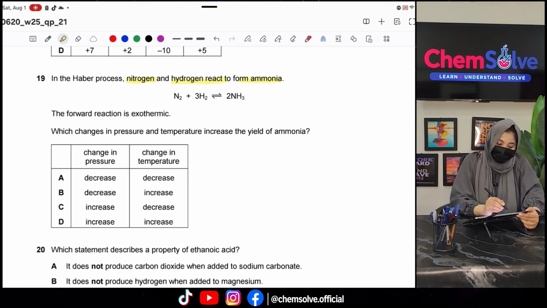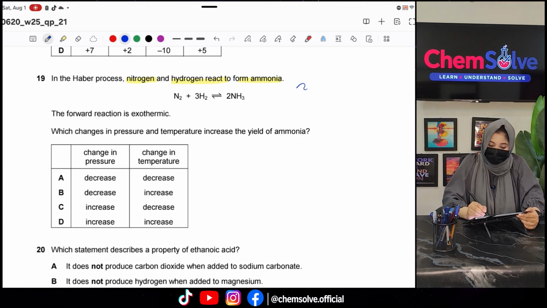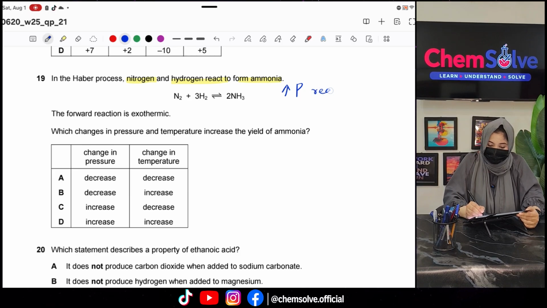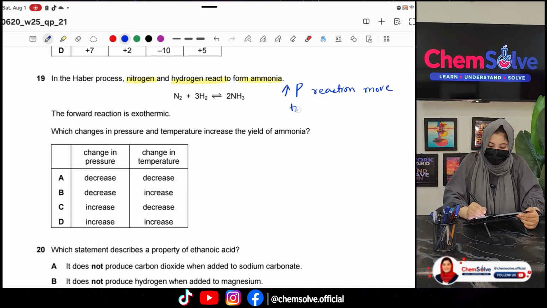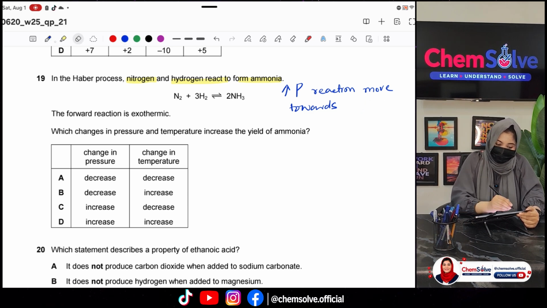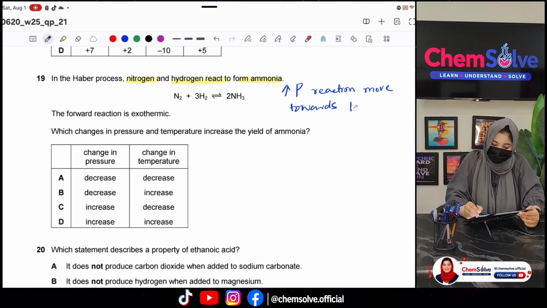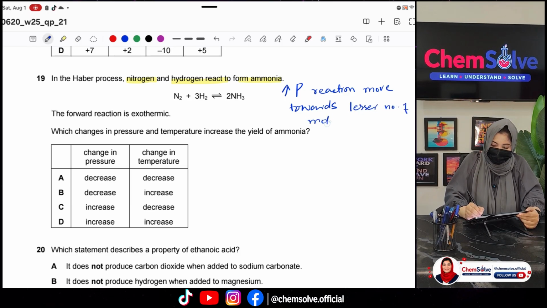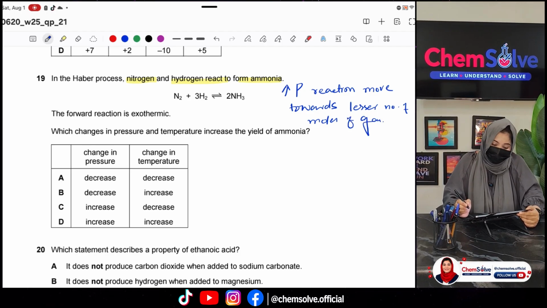Okay, when pressure is increased, the reaction moves towards the lesser number of moles of gas.